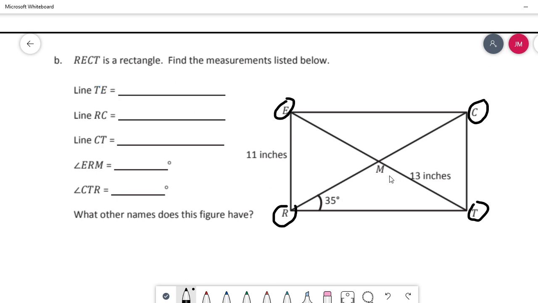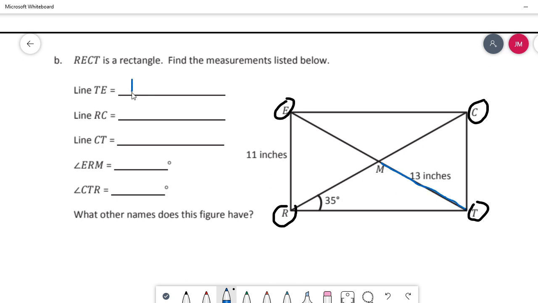Line TE. So let me identify line TE. Let me choose a different color. It looks like line T right here, from here to here, is 13 inches.